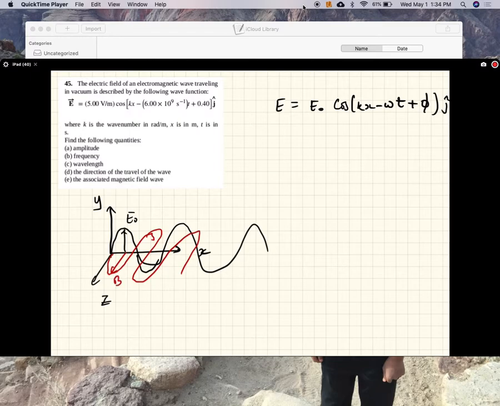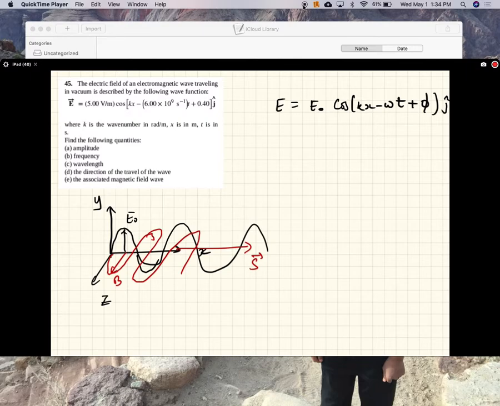This is the direction of travel, the direction of the S vector, the Poynting vector. As t increases, x increases, so that's the direction of travel.